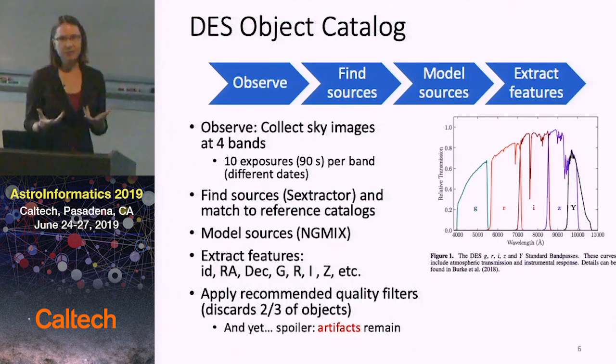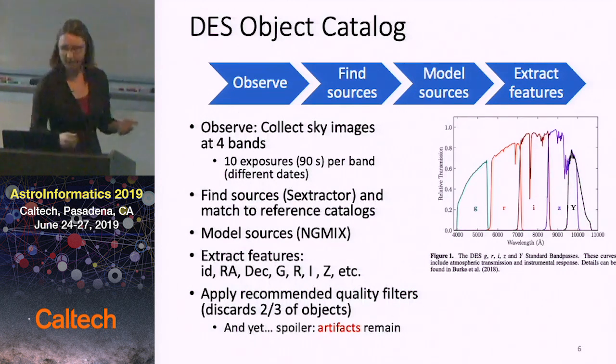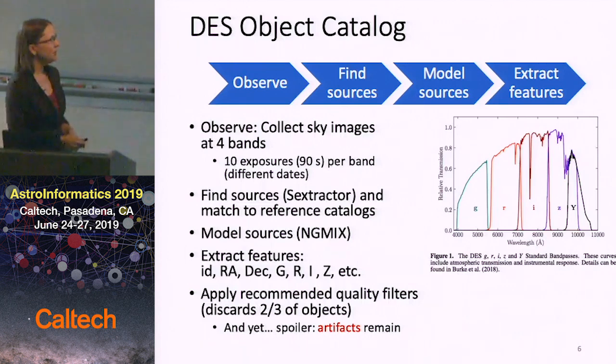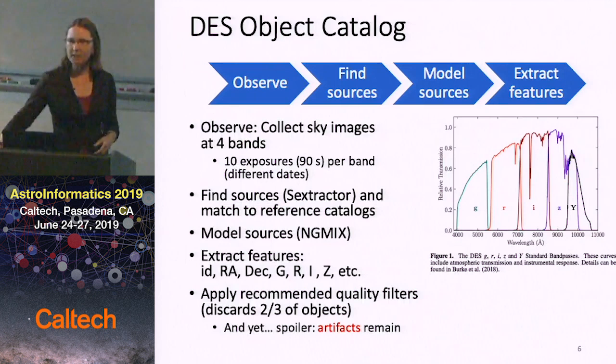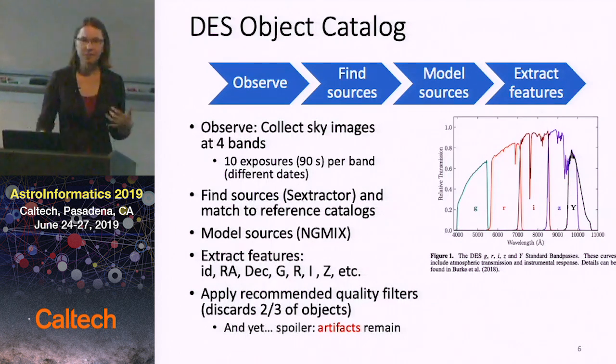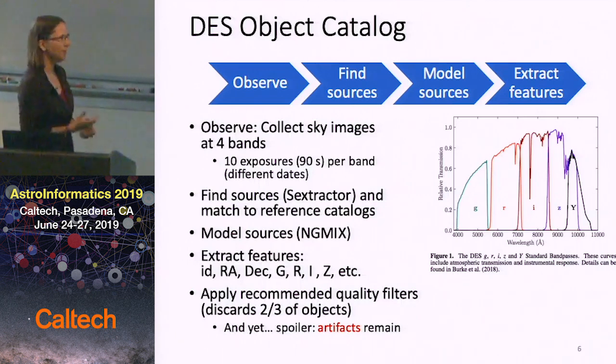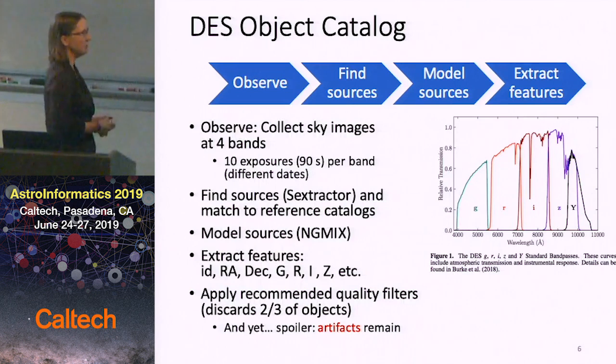Then you extract descriptive features, which are the flux at each of the bands of interest, G, R, I, and Z, but also shape features, estimates of the shear or the other distortions that the light from that object is being subjected to, other descriptive features like that.